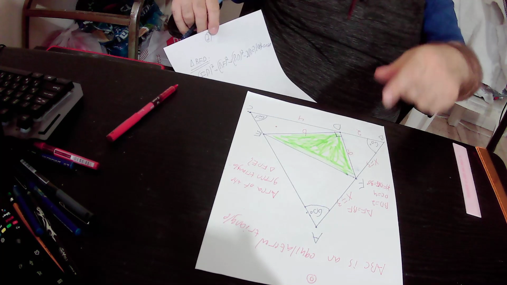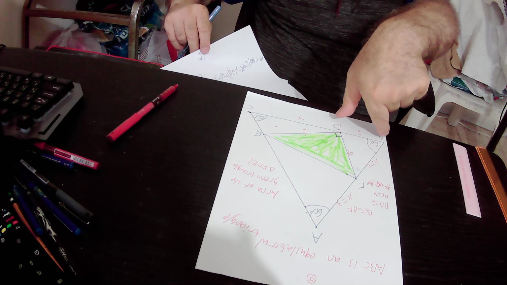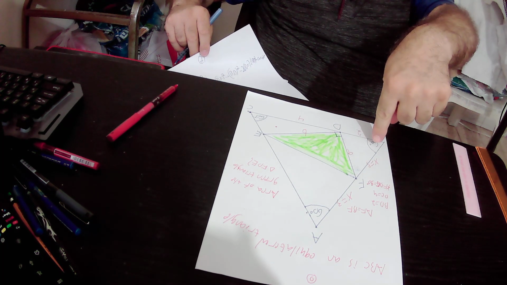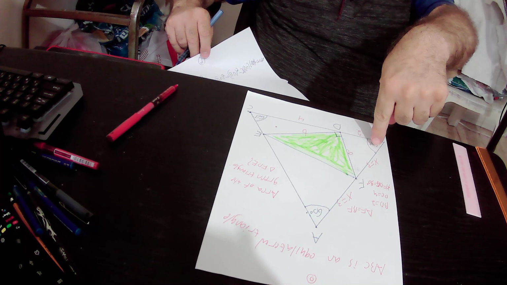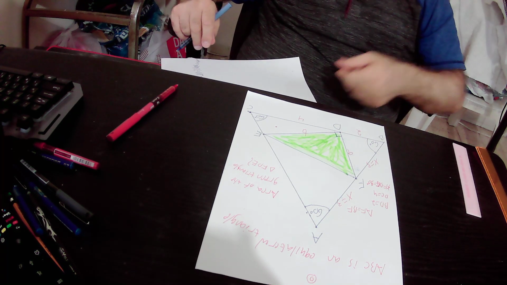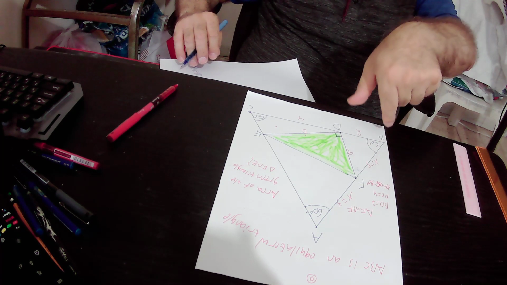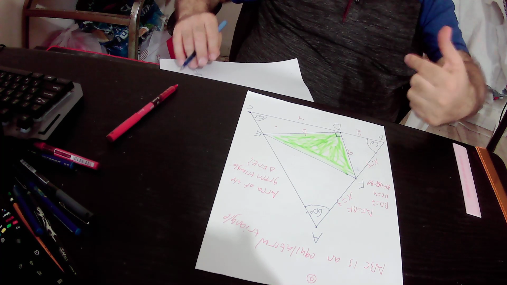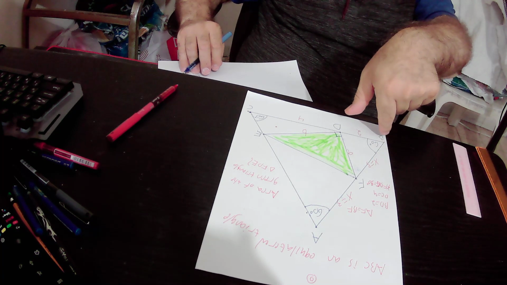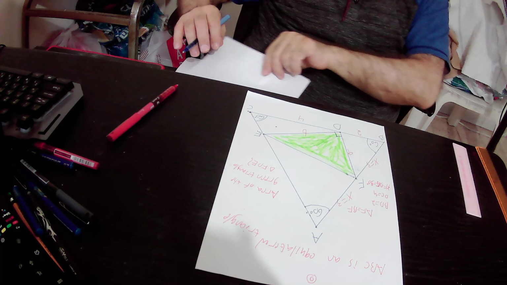Again, FD square equals BF square plus BD square minus 2 times BF times BD times cosinus 60 degrees.